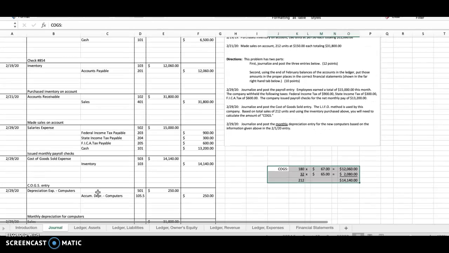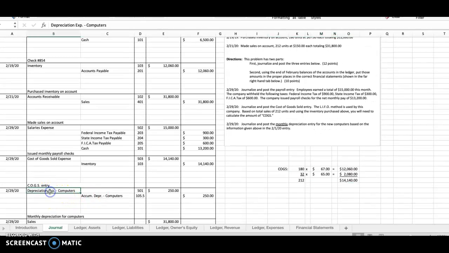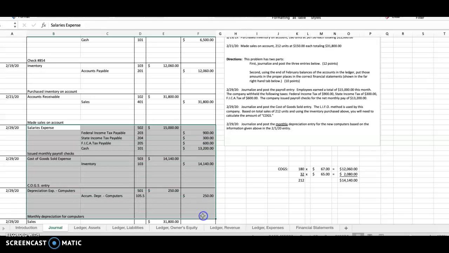Then topic 8, we used depreciation, and you had to enter a transaction that accomplished the depreciation expense on the new computers that we bought. This is based on information given to you on the right, and you calculated that the monthly depreciation for these computers was $250. So you had to journalize and you had to post those 3 entries.